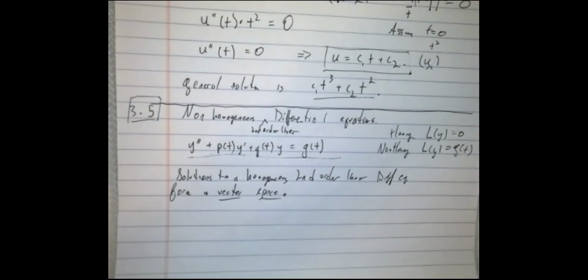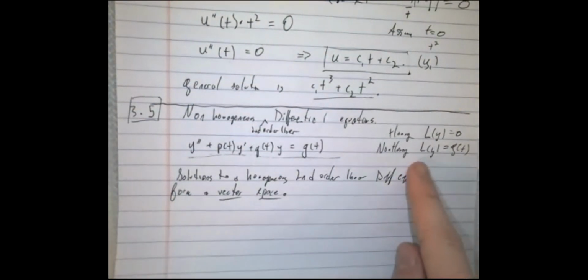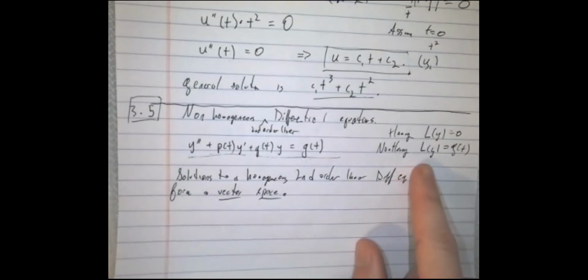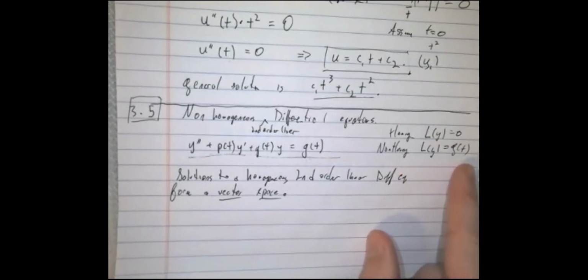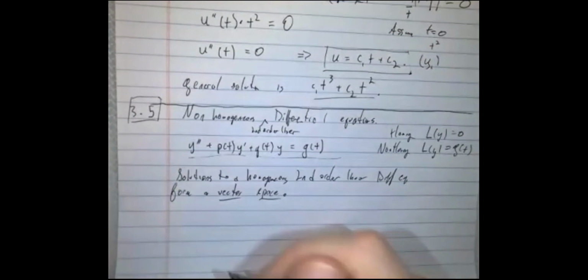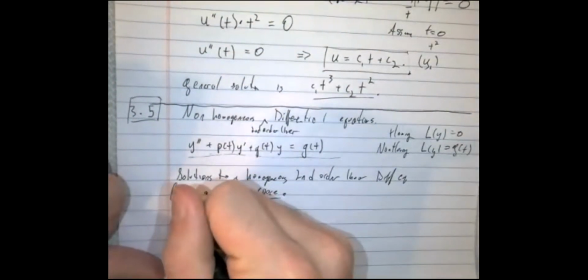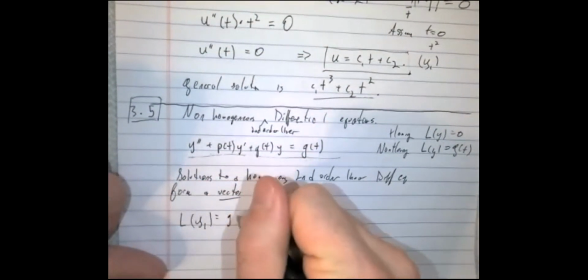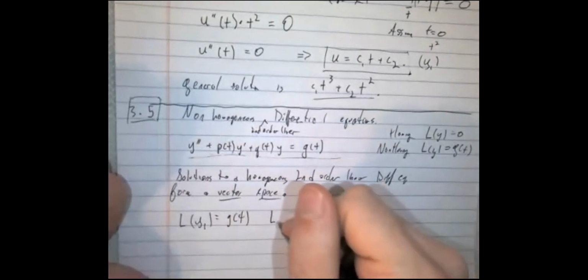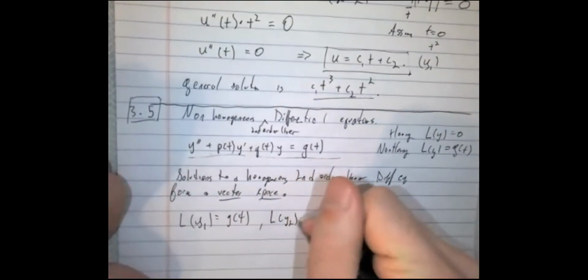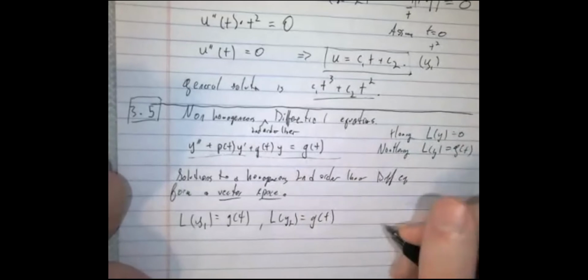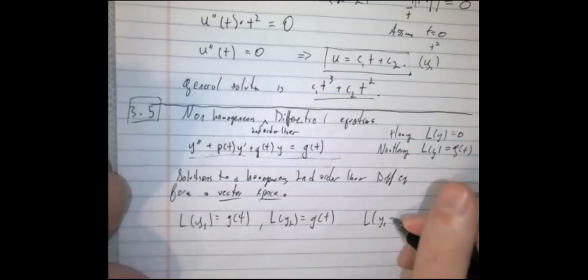And when you multiply a solution by a constant, then it remains a solution. Notice that those properties can no longer hold for a non-homogeneous differential equation, because if L of y1 is equal to g of t, and L of y2 is equal to g of t, then what is L of y1 plus y2?